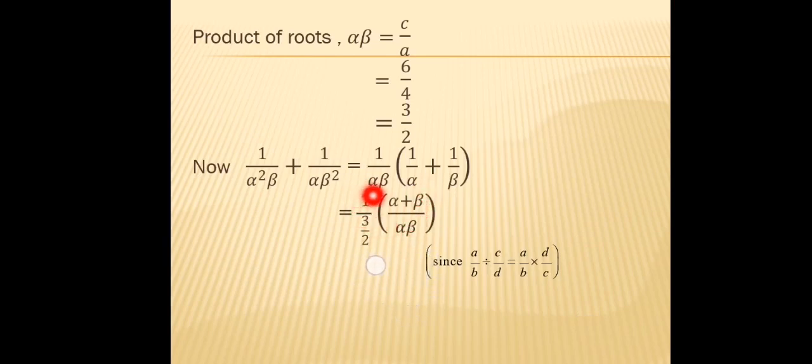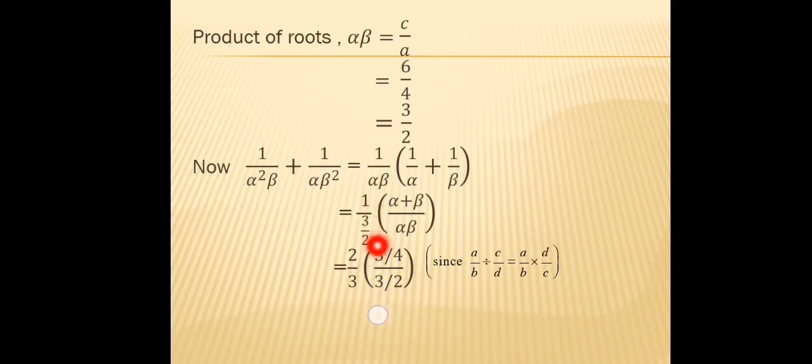Now we have replaced this alpha beta by the value 3 by 2, and here in this bracket we will put the values of alpha plus beta and alpha beta. After putting their values, we just get 2 divided by 3 into 5 by 4 divided by 3 by 2.